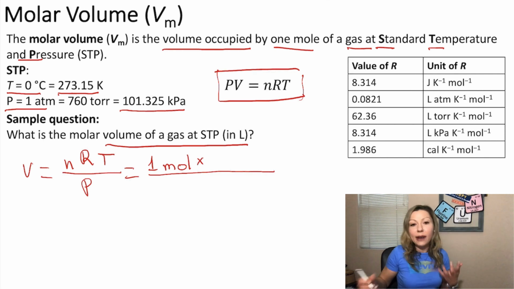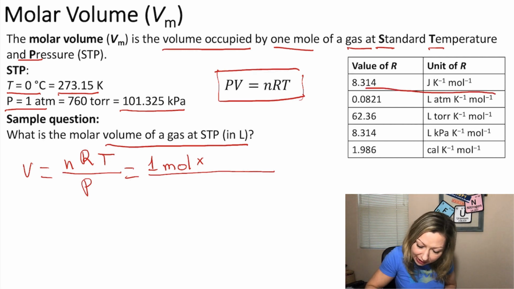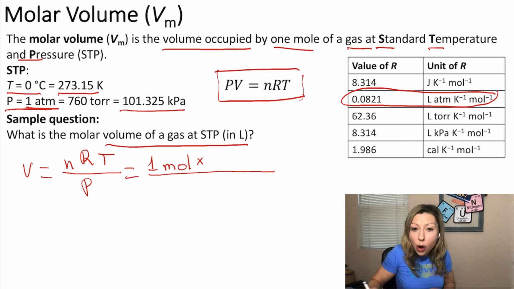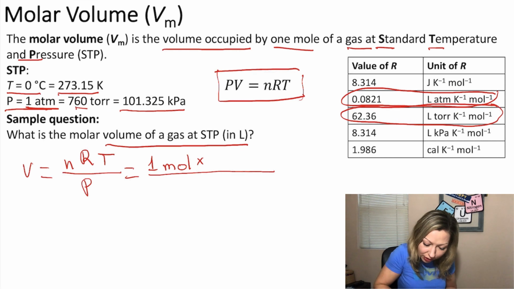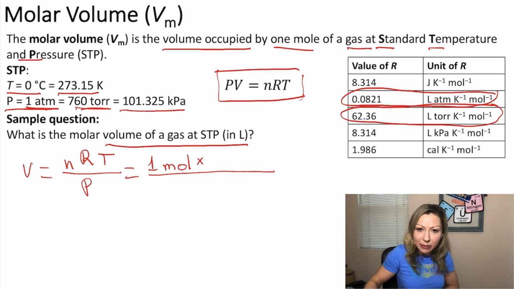And then I have to multiply it by the value of R. Which one to use? Well, you can use the one with atm if you use the pressure in atm, or you can use the one in torr if you use the pressure in torr, and so forth. So let's use the one in atm, okay?